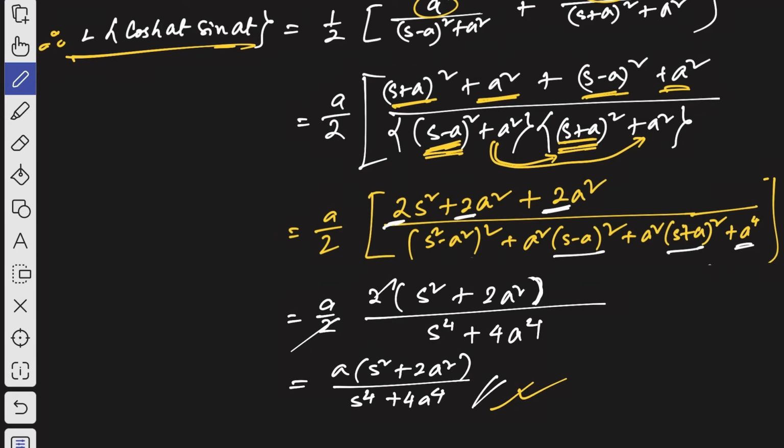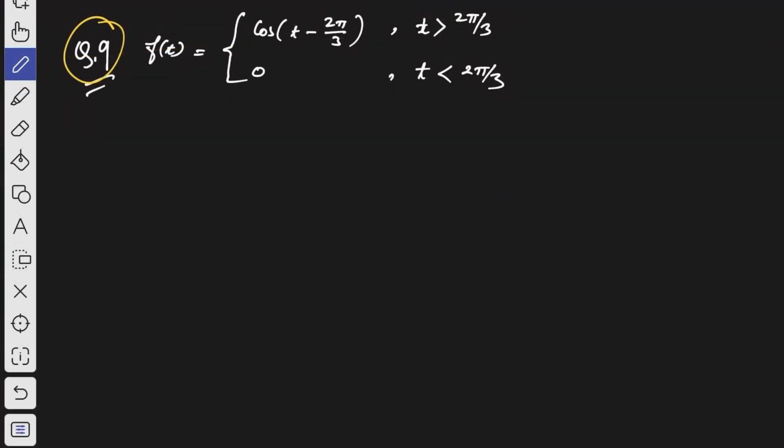Now let's move on to the next question, right? And here we are going to apply the second shifting theorem of Laplace transformation. So what was the second shifting theorem?